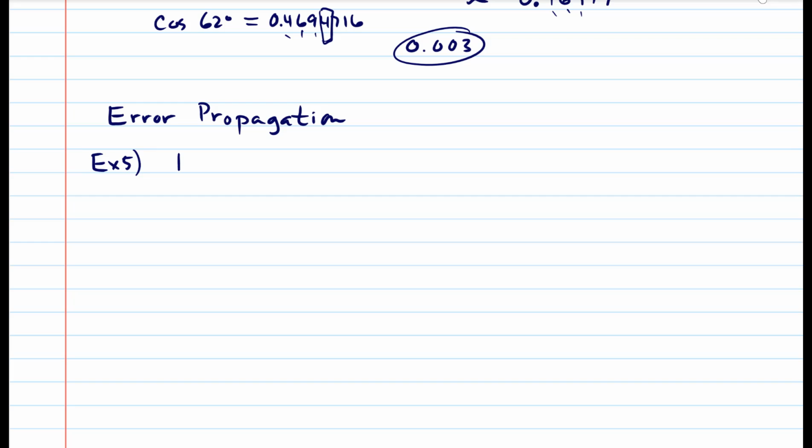It says this: the radius of a sphere is measured to be 50 inches. That's great. Now is it 50.00000 inches? It depends on the instrument we use, right?